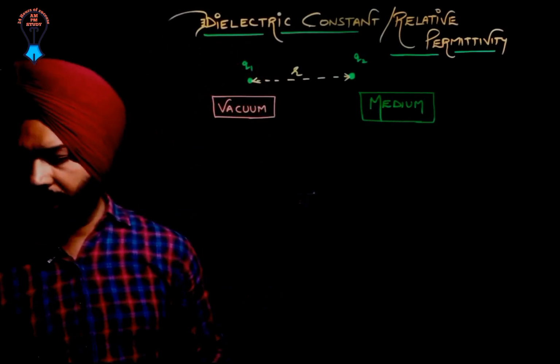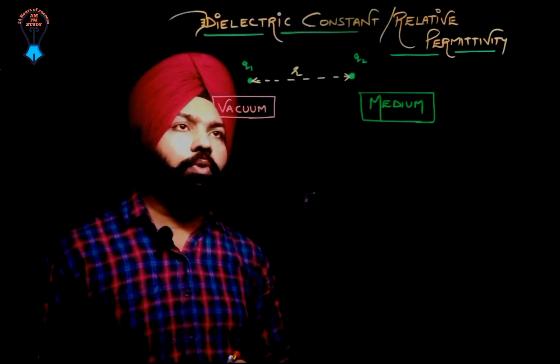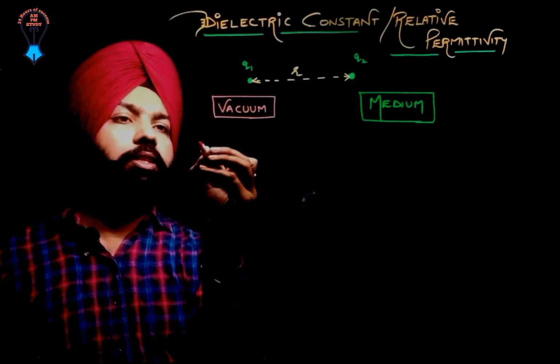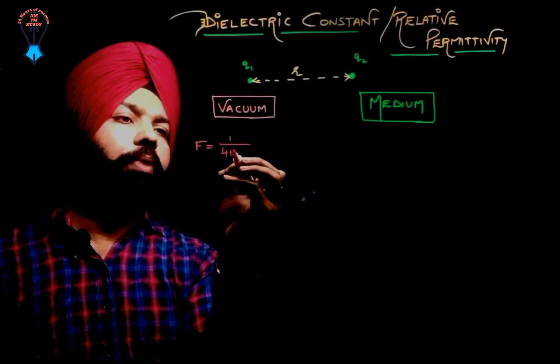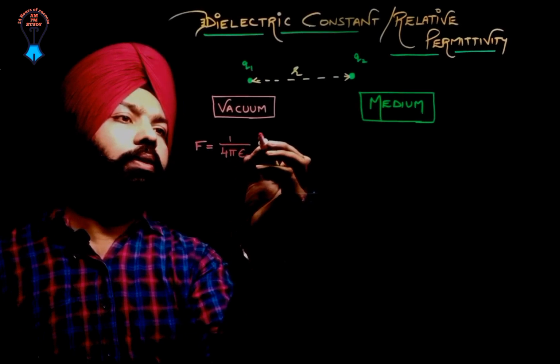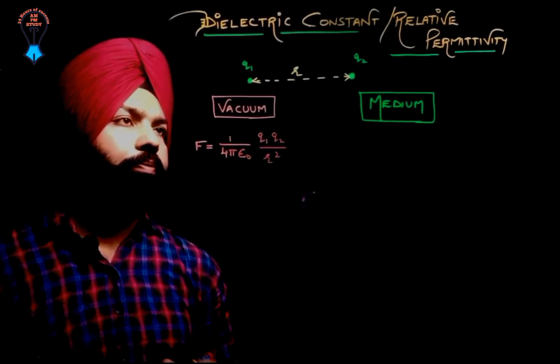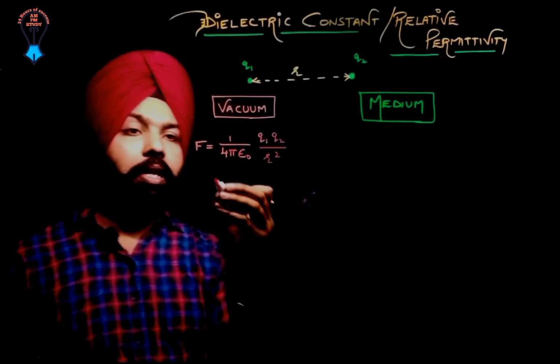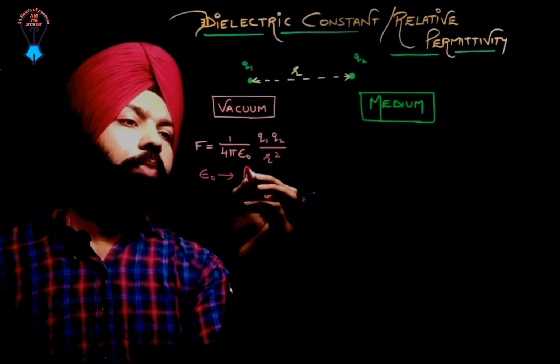Suppose these two charges are in vacuum. Then force between these two charges will be 1 by 4 pi epsilon naught Q1 Q2 by r square, where epsilon naught is permittivity.